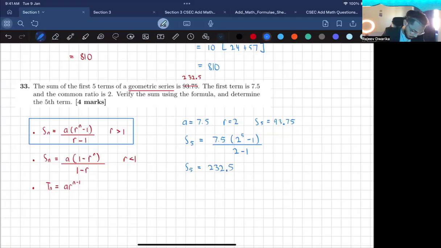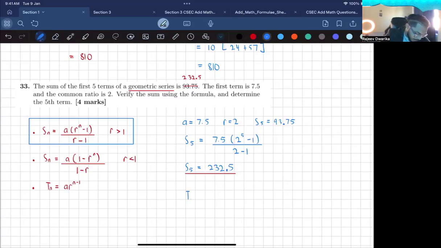Okay. So, Amy, the next thing they're saying, determine the fifth term. How would I determine the fifth term? By using the formula for A of n. Well, you have T of n. Right.